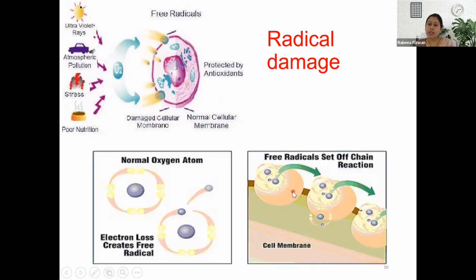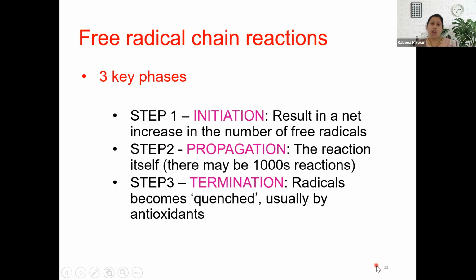So in this way, a reaction occurs in the form of a chain, and it is called a chain reaction. However, this chain reaction has three steps called initiation, propagation, and termination. Initiation means the starting of this oxidative damage, where the chain reaction starts by exposure to free radicals.